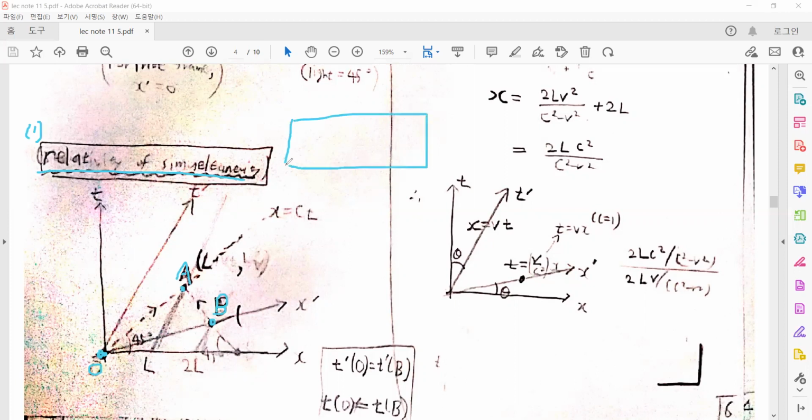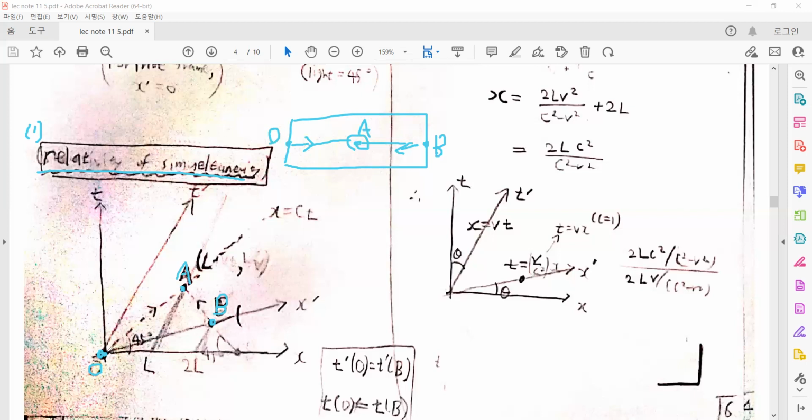So light will be emitted at the event point O and event point B, and the light will reach the event point A. For the moving observer, the times of event O and event B are the same.